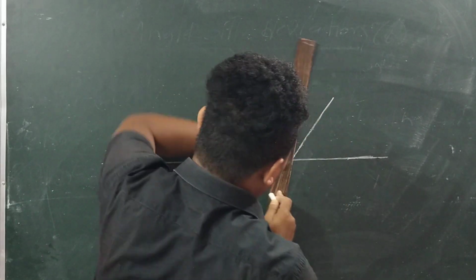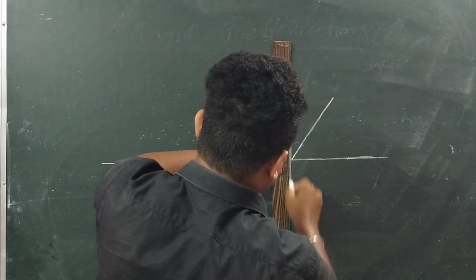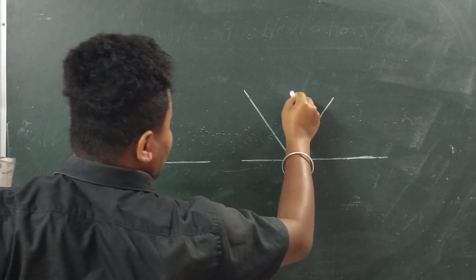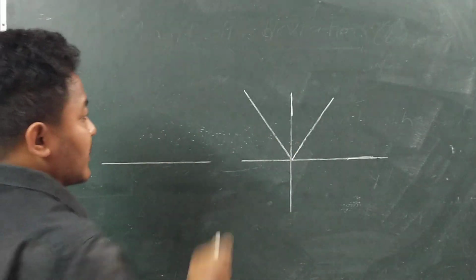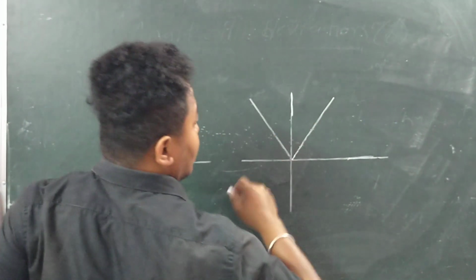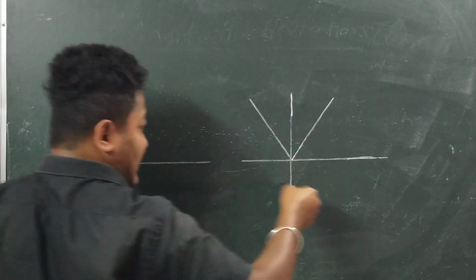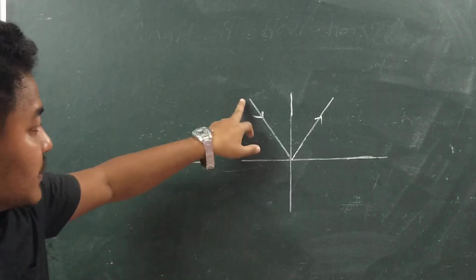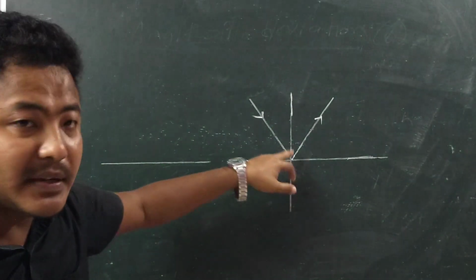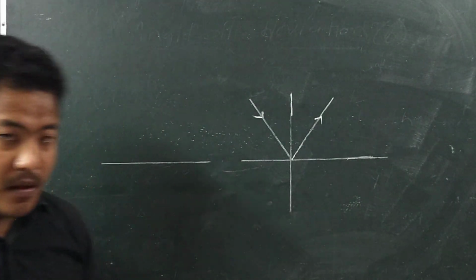This will be the normal, as well as the ray between the incident ray and reflected ray. In this case, this ray has been incident by making some angle with the surface.